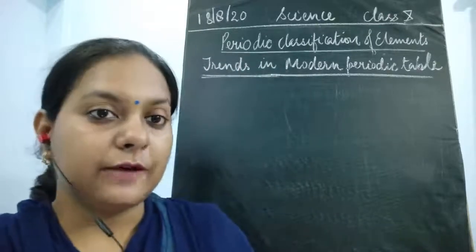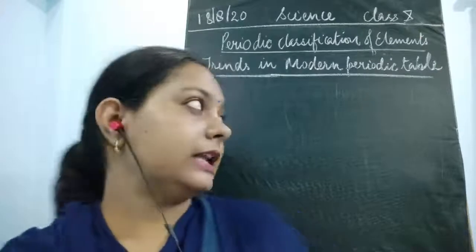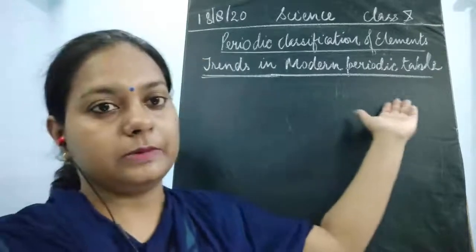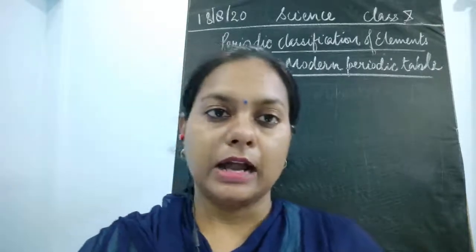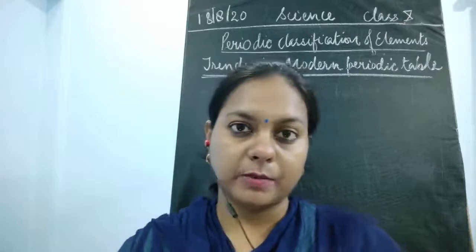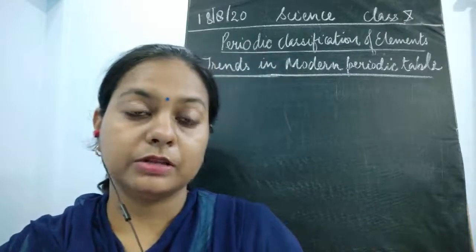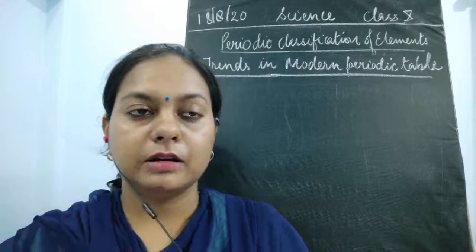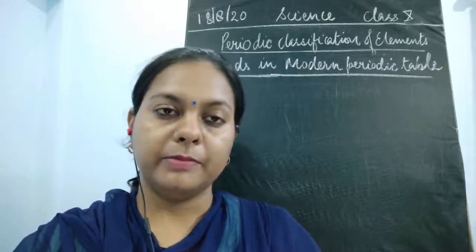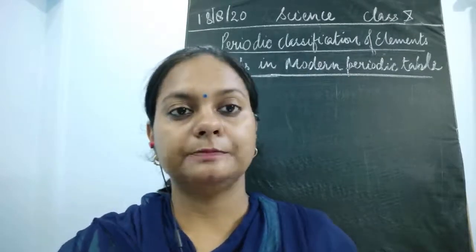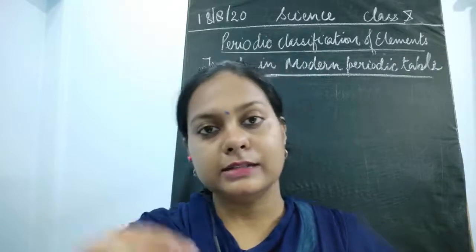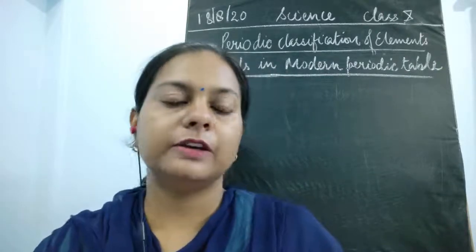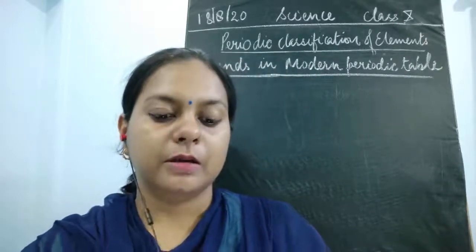Now children, we have to study the trends in the modern periodic table. What is a trend, and why are we studying it? There is a certain connection between the different properties of the periodic table.